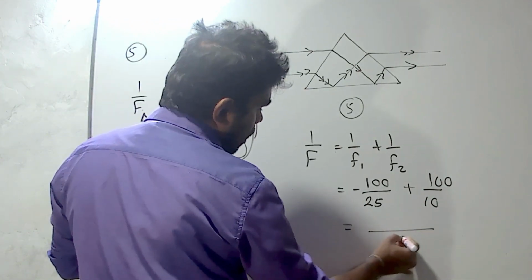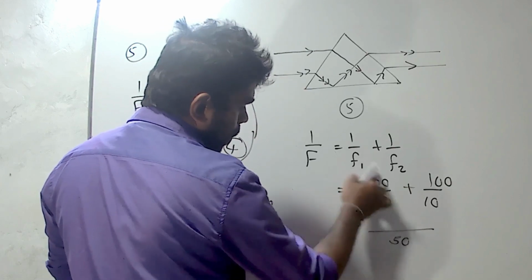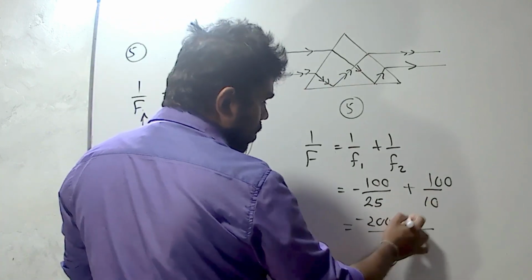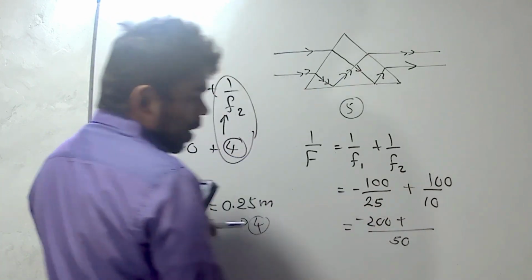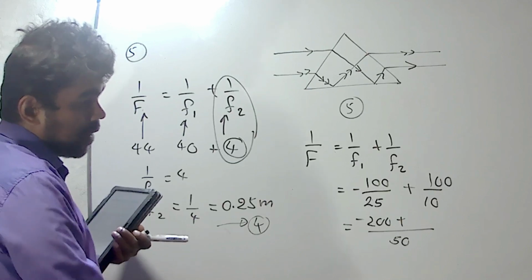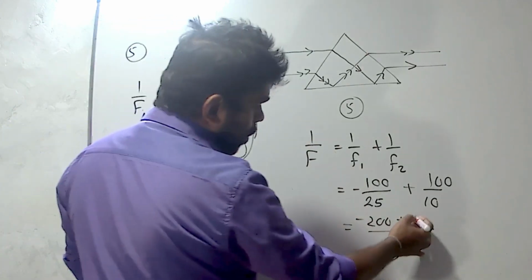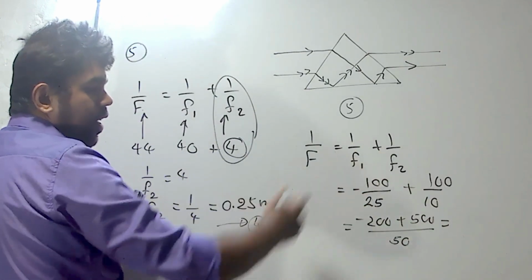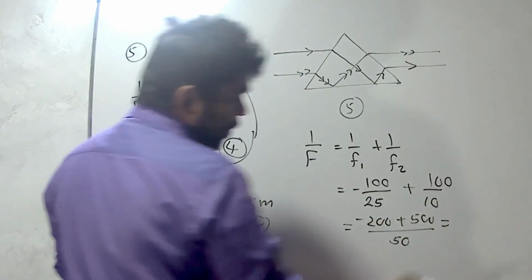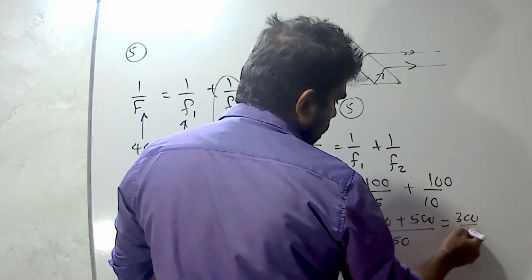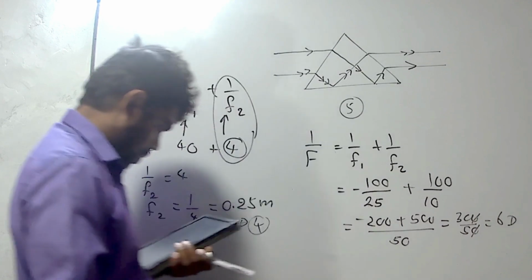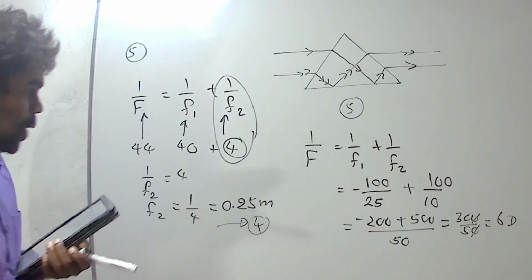LCM 50: 50 divided by 25 gives 200, minus 50 divided by 100, plus 50 divided by 100, 10, 5 into 100, 500. Then we get plus 200, plus 300 divided by 50, which is 6 diopters. Then the answer should be 2.